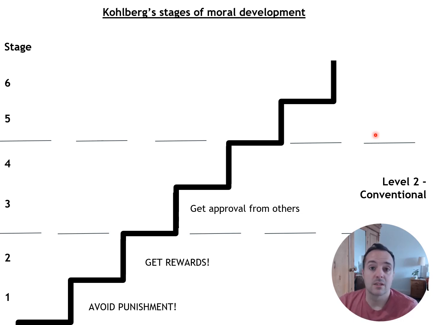And so what that means is we start behaving in a way that gets us approval. And we want to think of ourselves as being a good person, or we want others to think of us as being good. The next level, stage 4, is about following the rules. So at this point, we kind of internalize the identity of a good person, and we can kind of abstract that into certain rules.